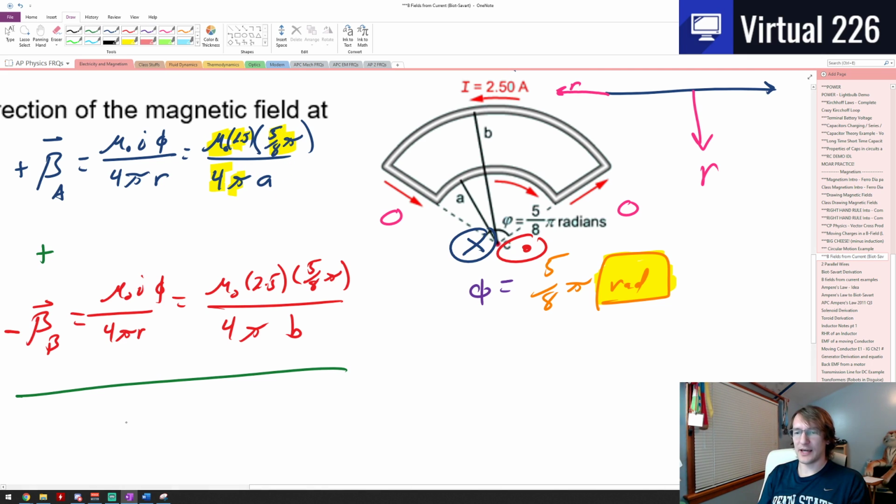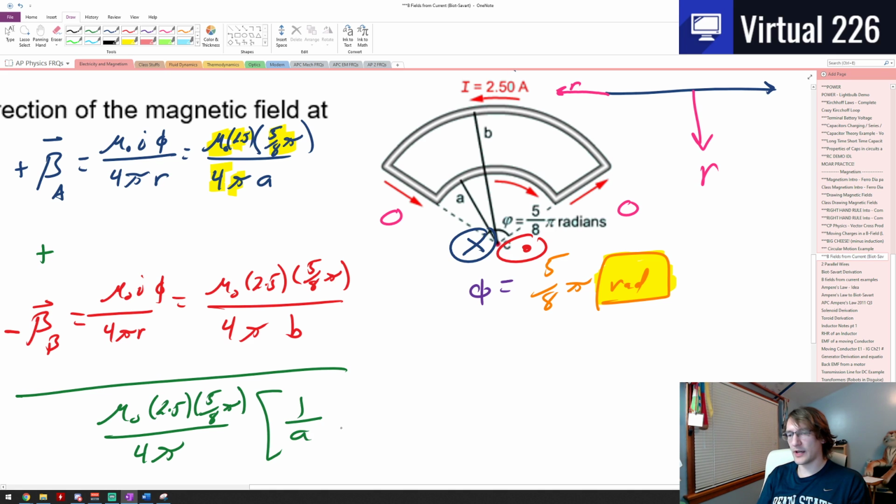So what I'm going to have in the end is mu naught times 2.5 times 5/8 pi divided by 4 pi, and I'm going to have the quantity 1 over A minus 1 over B. Okay? And if you had your B as being positive and A as being negative, it'd be 1 over B minus 1 over A. But this is our net B field here. Yes, if you wanted to, you could say, oh, look at these pi's, they go away.